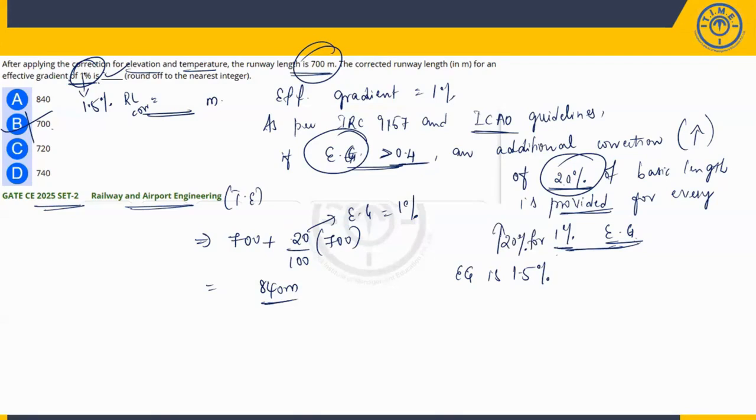Here the rise is 1% only, so we increase the runway length by 20%. The runway length is already 700 meter, so 700 plus 20 by 100 into 700 gives us 840 meter. Am I clear, Vijay Lata?